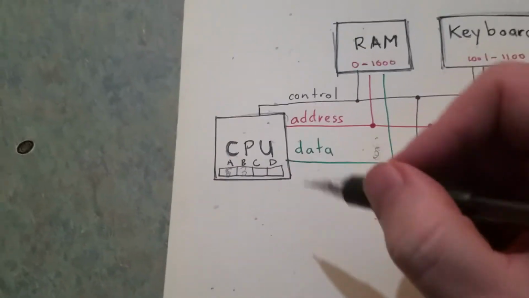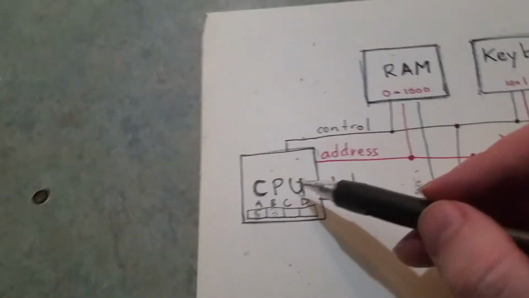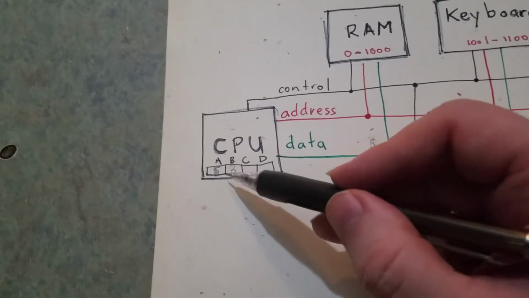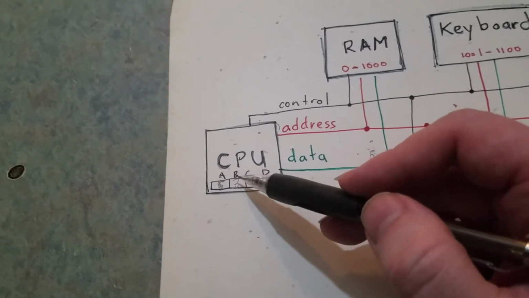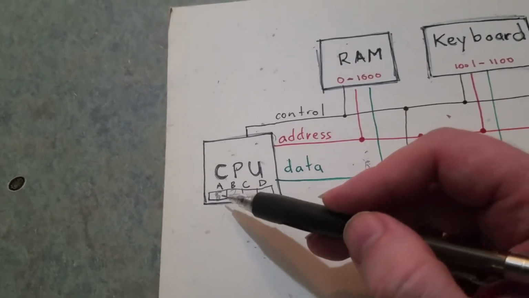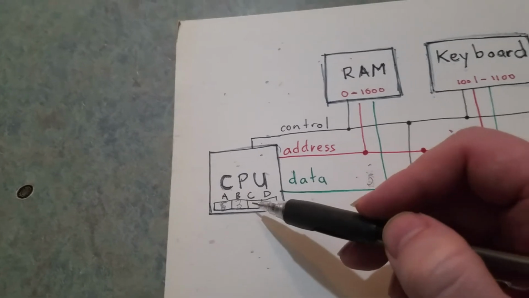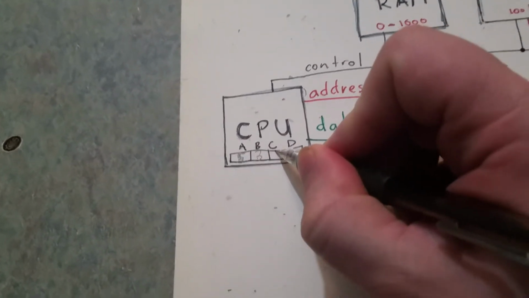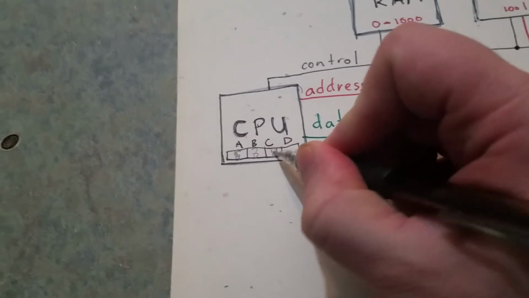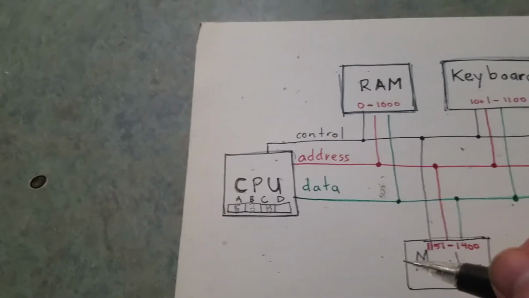Now the CPU has the data inside of it, so we can add registers A and B. And when you add them together, you can then store the result somewhere else. So let's say it's stored in C. So add and store the result in C, and now you have addition in the CPU.